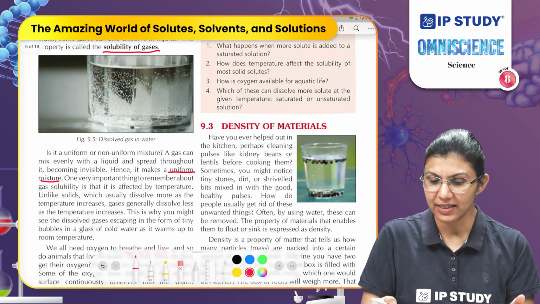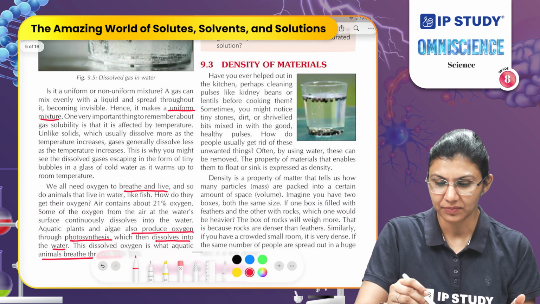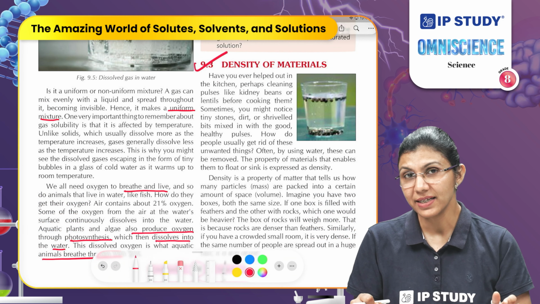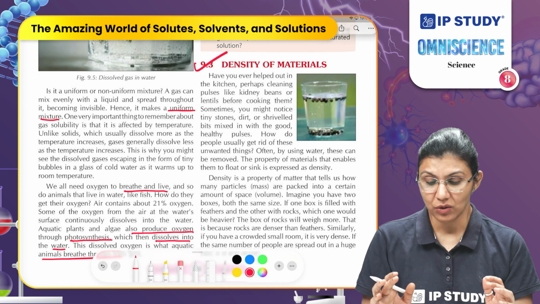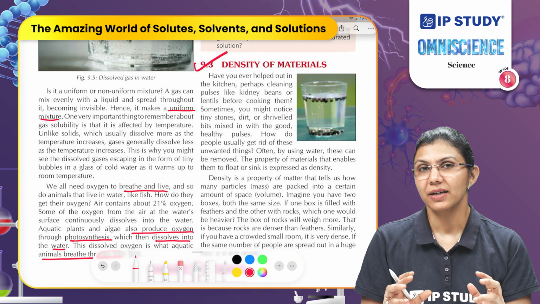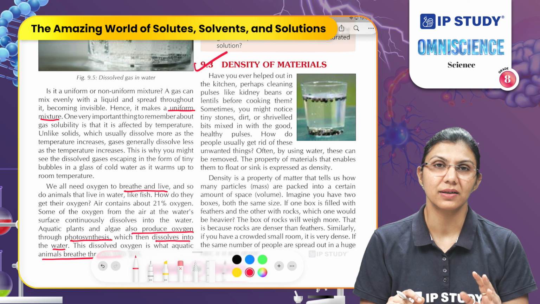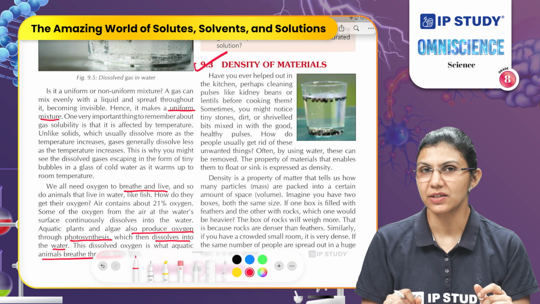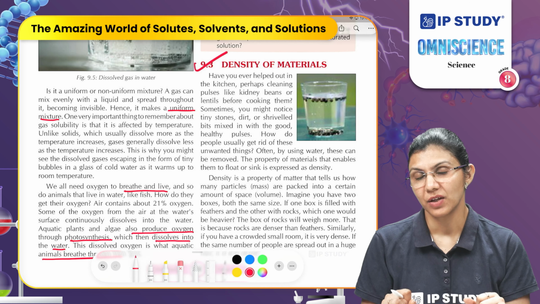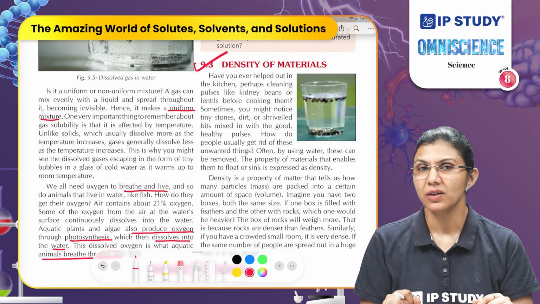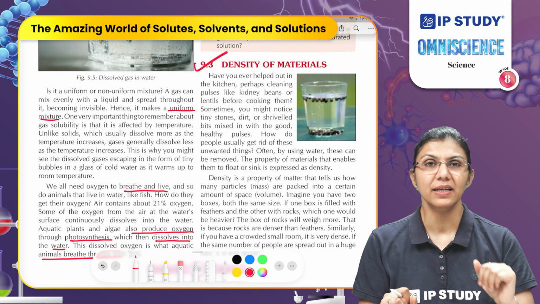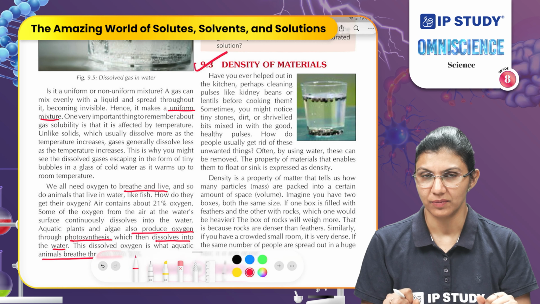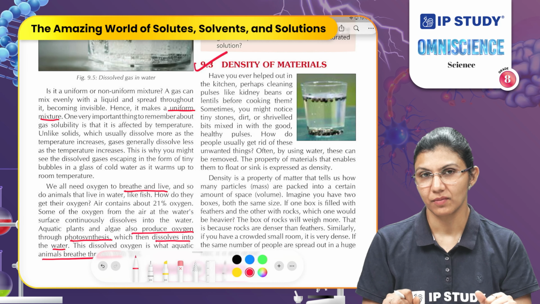Next is density of materials. What is density? If you take different substances like sand, or pieces of paper, or pieces of sponge, and you place them in a glass of water, what will happen?